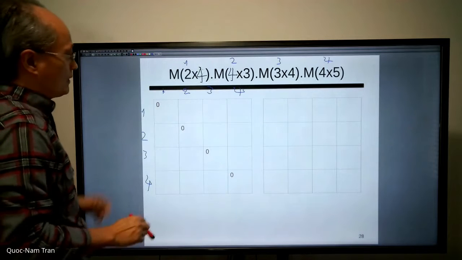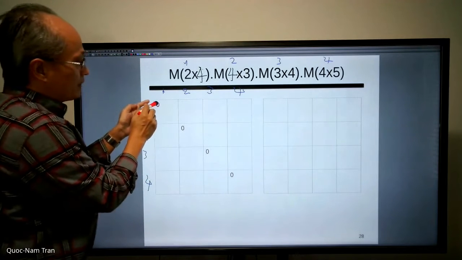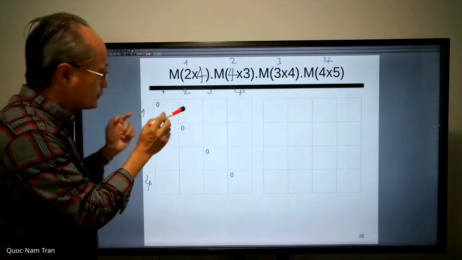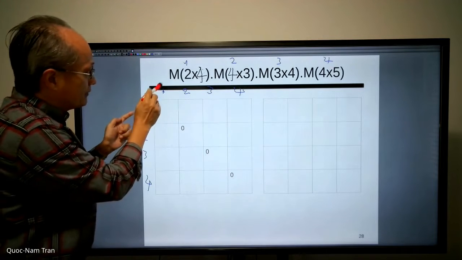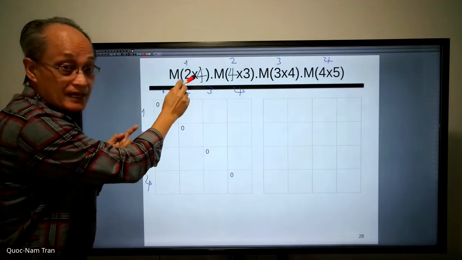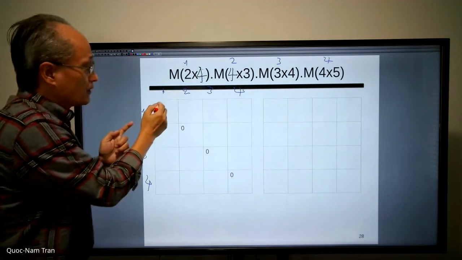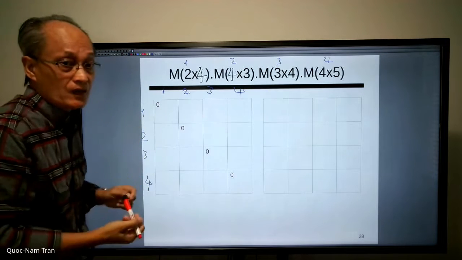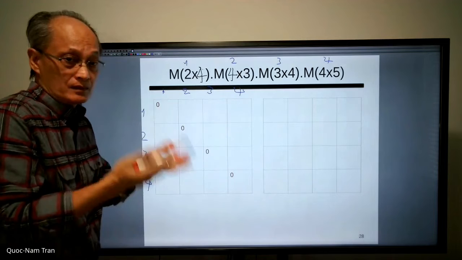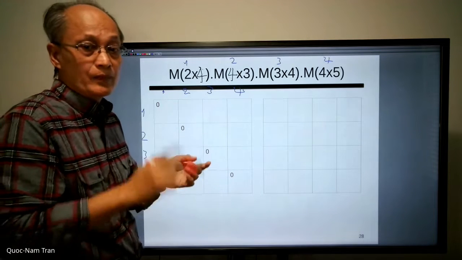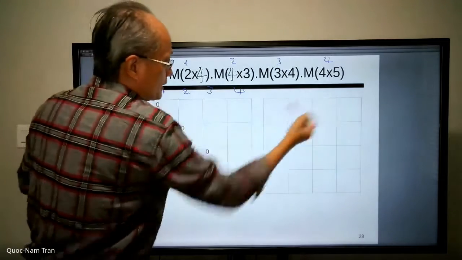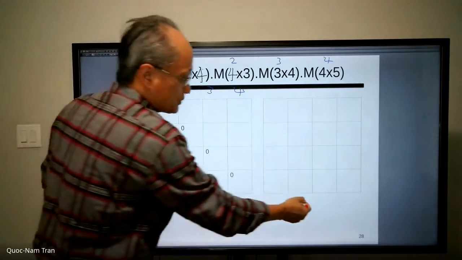So first, we will try to find out what is the minimum cost for multiplying the sequence of matrices from 1 to 1. 1 to 1, we have one matrix, so the cost will be 0, right? So the minimum cost will be 0 because we don't have to multiply anything if we have only one matrix, right? So on the position, this one is for the position, right?